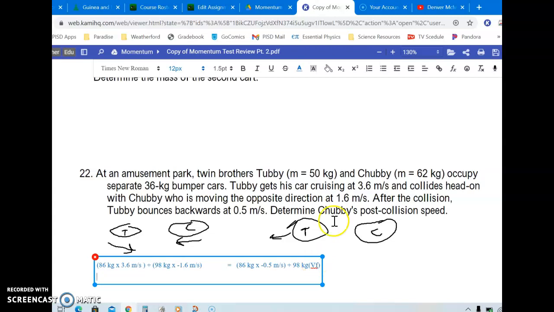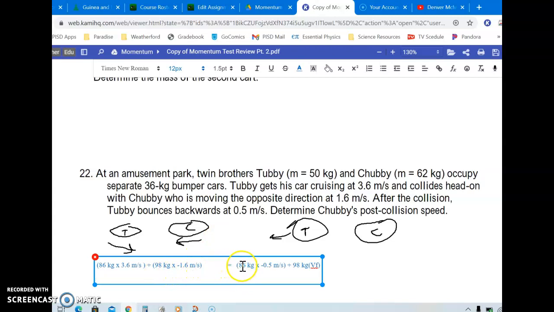So basically we take the mass of Tubby's car, which would be Tubby plus the car, so that's 50 plus 36, that gives you 86 kilograms, times his speed, which is 3.6 meters per second, plus the momentum of Chubby's car, which is Chubby, 62 plus 36, which gives you 98 kilograms, times his velocity, 1.6 meters per second, but it's going in the opposite direction, so it's a negative 1.6 meters per second.